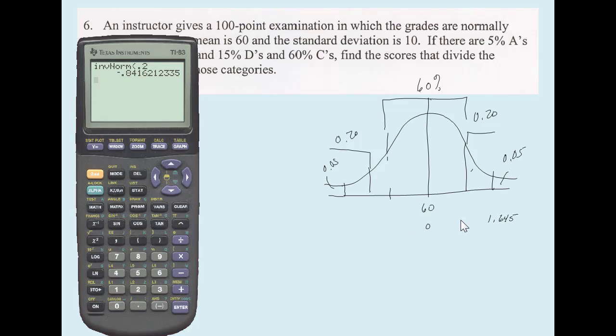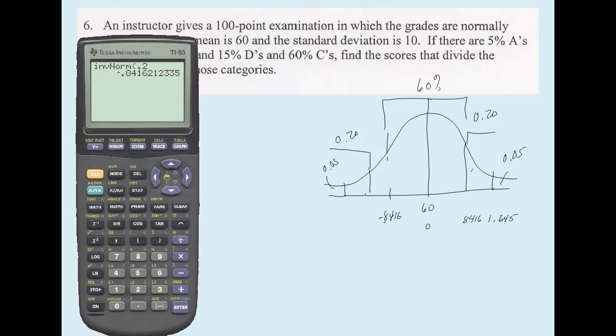So this score is 0.8416. So that's this guy. Well, not negative, it's positive, my bad. So then this makes this guy negative 0.8416.